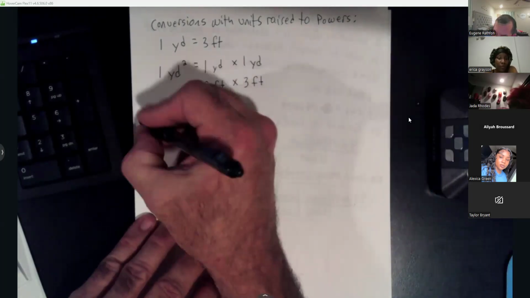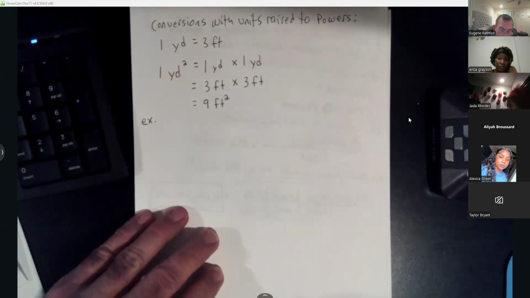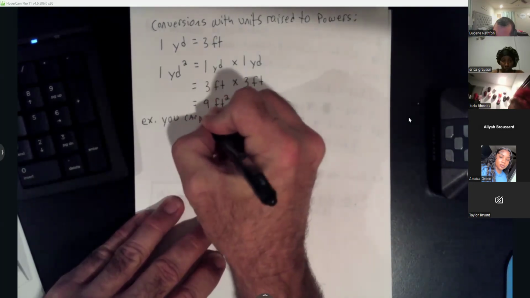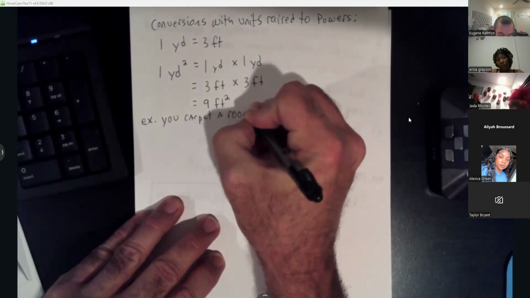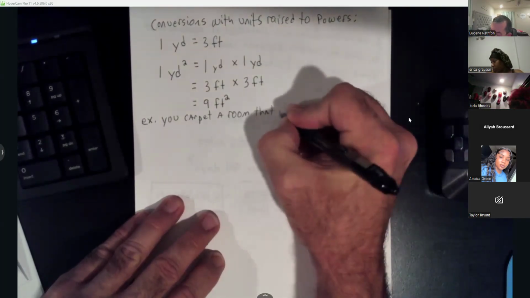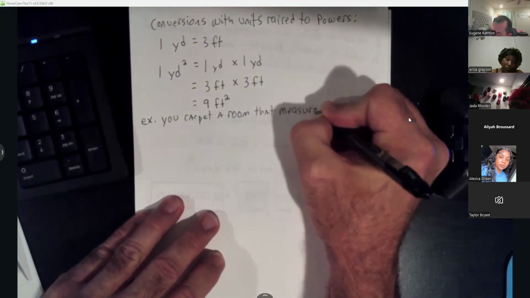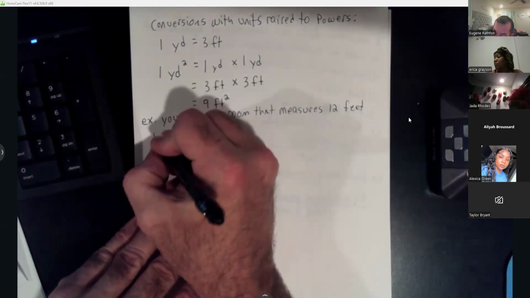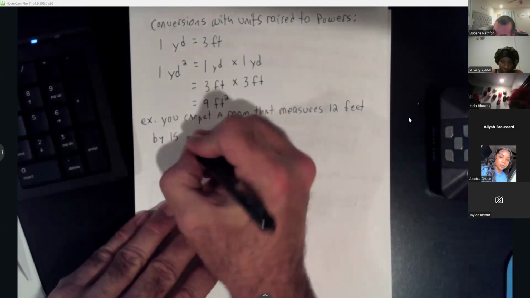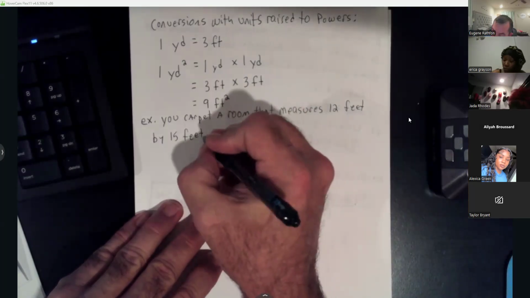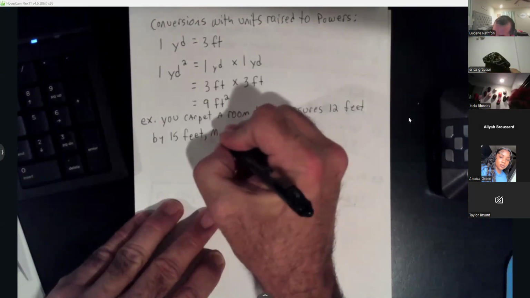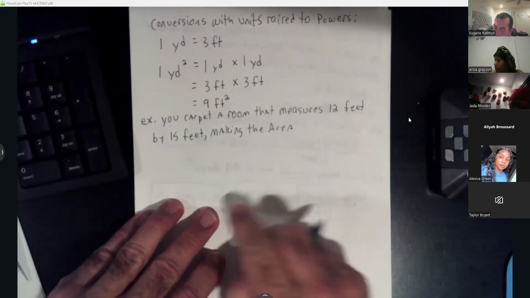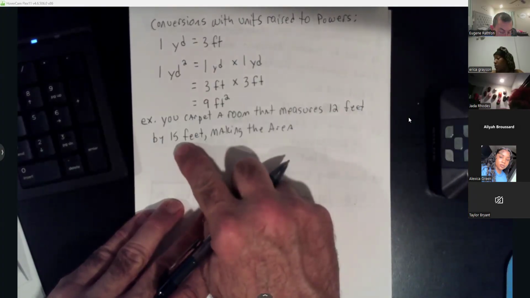All right, y'all. So an example of this. You carpet a room that measures 12 feet by 15 feet, making the area, so they found the area by multiplying 12 times 15.